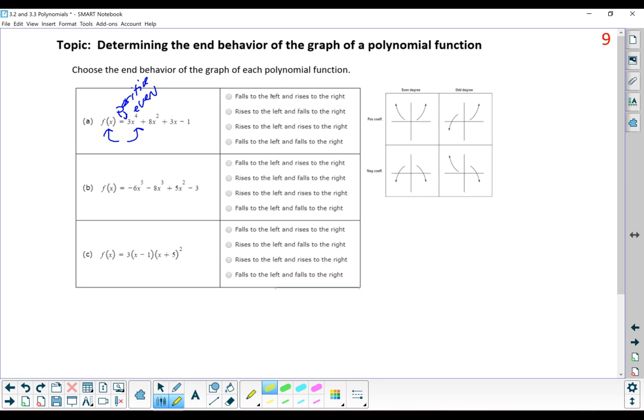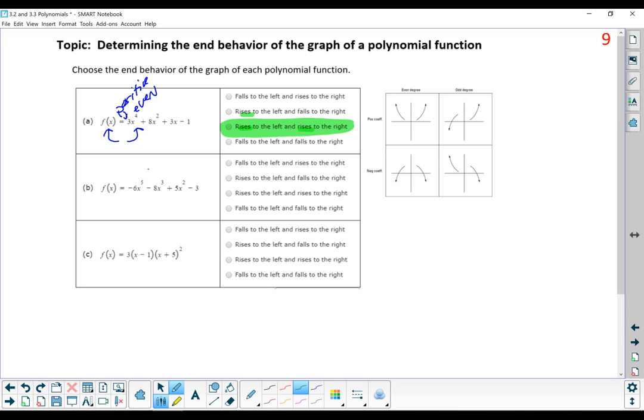So we've got the left hand listed first and the right hand listed second on our choices. Thinking about the left hand side, it's rising to the left. And it is rising to the right as well. So it looks like we need to choose this choice right here. Rising to the left, rising to the right. And just make sure you're reading those carefully.